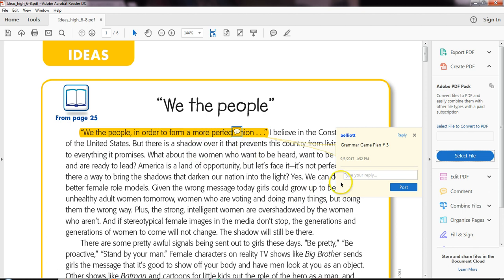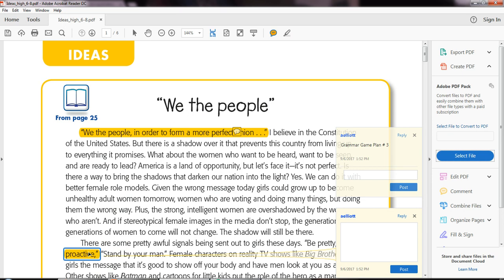Okay, looking throughout this paper, I would also highlight this part here, and then I'd leave you another comment. And this comment would say grammar game plan number 1.